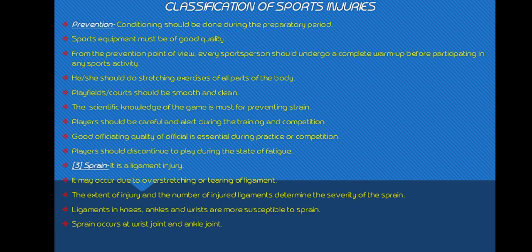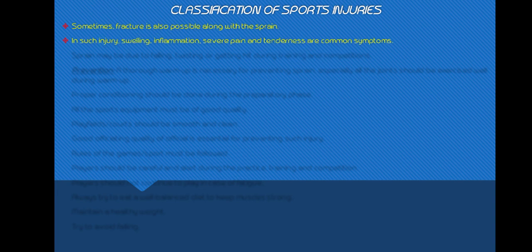Sprain occurs at the wrist joint and ankle joint. Sometimes a fracture is also possible along with the sprain. In such injury, swelling, inflammation, severe pain, and tenderness are common symptoms. Sprain may be due to falling, twisting, or getting hit during training and competition.